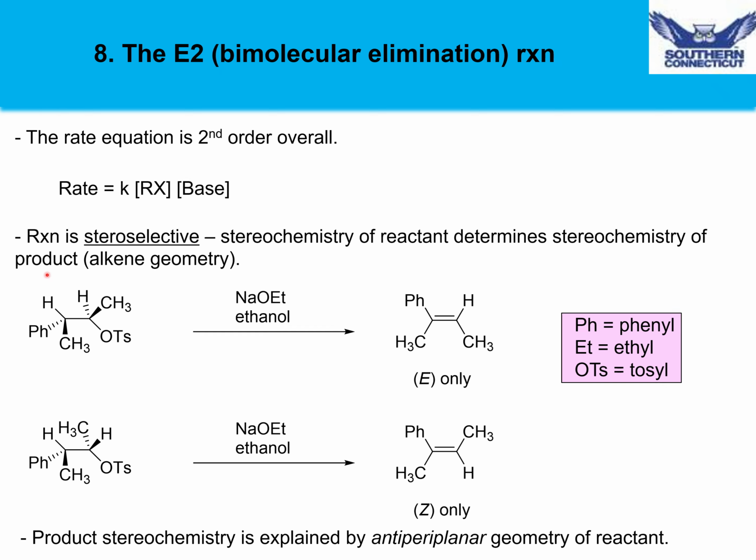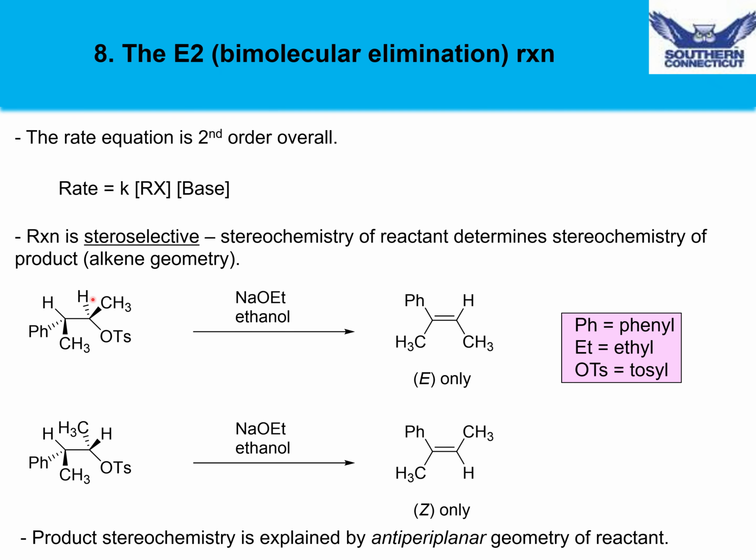So if we drew a plane through this molecule, it would cut through all four atoms, and the hydrogen is also on the opposite side of the tosylate group. That is what makes it an anti-periplanar geometry.